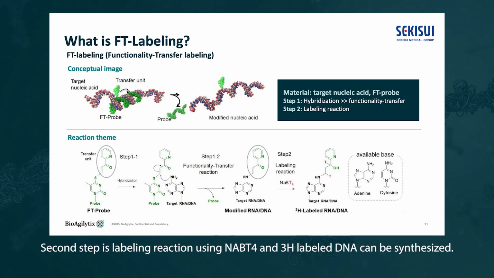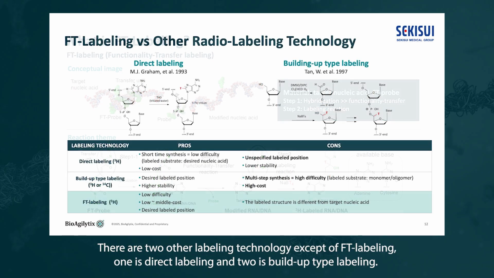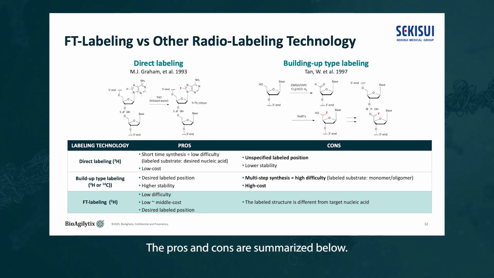The second step is the labeling reaction using NaBT4, and tritium-labeled DNA and RNA can be synthesized. There are two other labeling technologies besides FT labeling. One is direct labeling and the other is building-up type labeling. The pros and cons are summarized below.